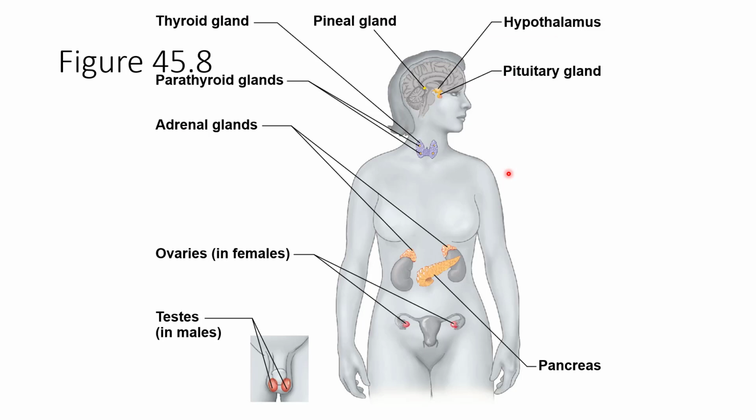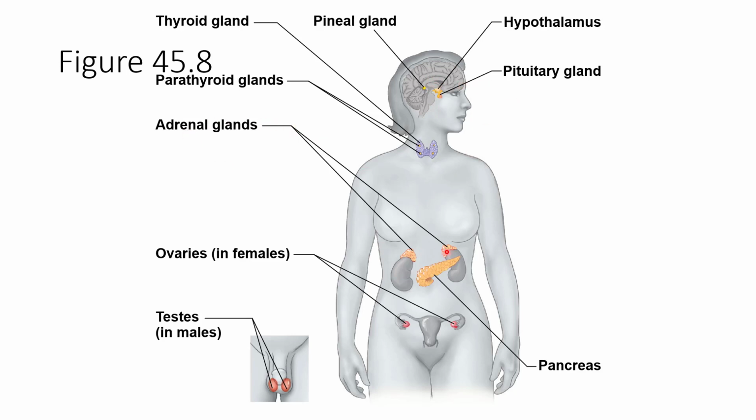So there are a lot of different glands in the body that are involved in this system, and we may have seen some of these in lecture itself, but the pineal gland, for example, secretes melatonin. The hypothalamus is a major organizing center for homeostasis of the human body, and it's connected to the pituitary gland.